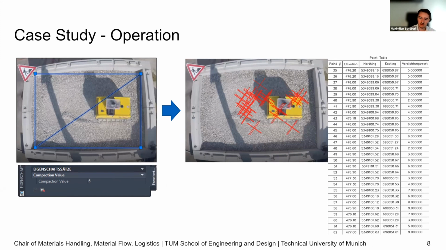So for each point which was measured by the RTK, we had a compaction value written to it. The compaction value is a very heuristic data point, because it's based on IMUs and it's not that accurate. But we are working on that currently, so that we get more accurate levels of compaction.